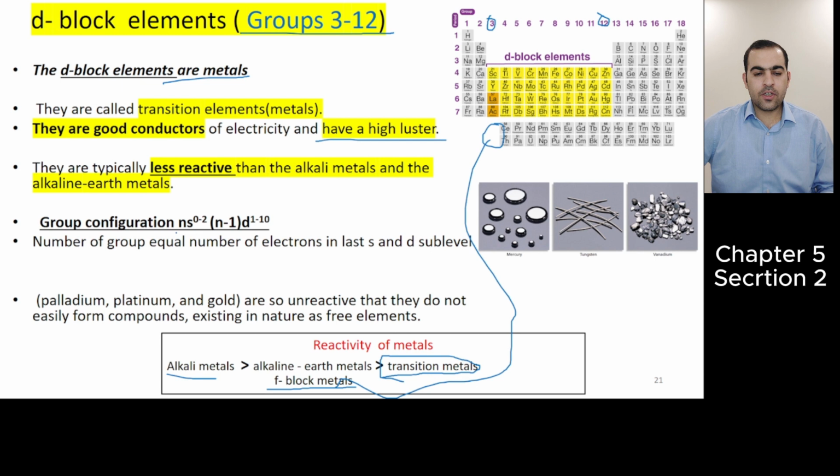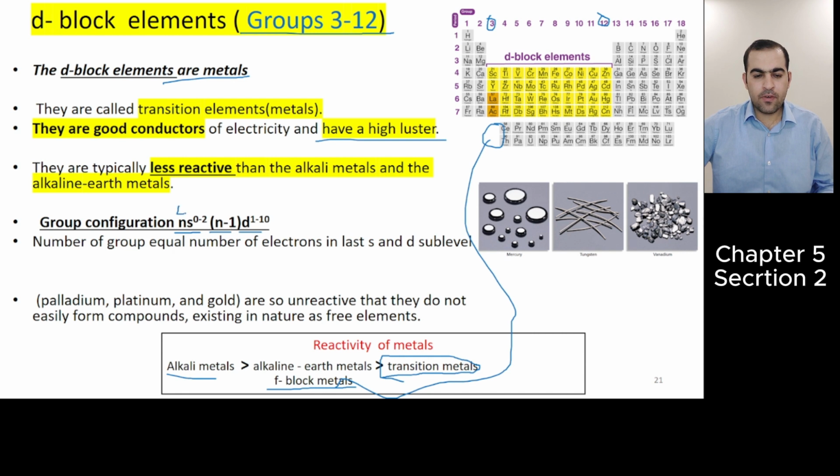And their group configuration is ns0 to 2, (n-1)d1 to 10. So if I give you an electron configuration, how do you know it is the electron configuration of a d block element, groups 3 to 12? You can recognize it like that. It says ns can hold 0 to 2. The number before d equals n minus 1.